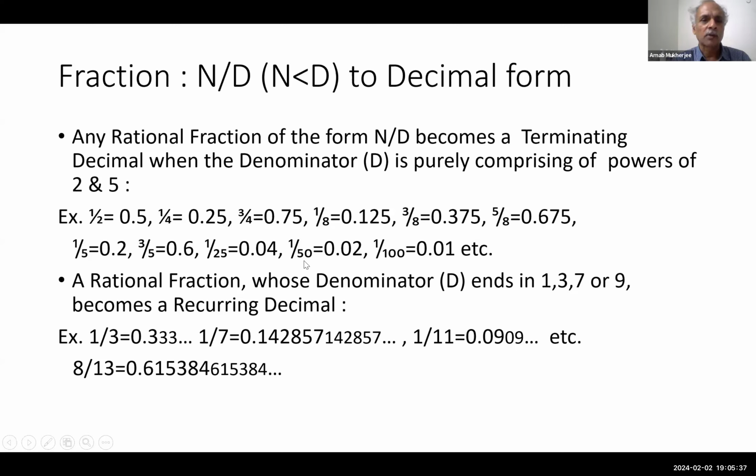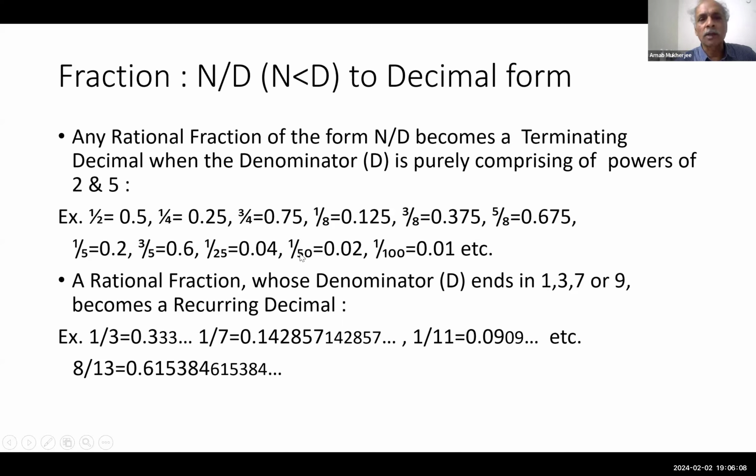Similarly, 1 by 50 has 2 into 5 to the power 2, so the maximum power is 2. It is coming from 5, so it is 0.02. Likewise 1 by 25: there are 2 powers of 5, so you get 2 digits after the decimal point, 0.04.